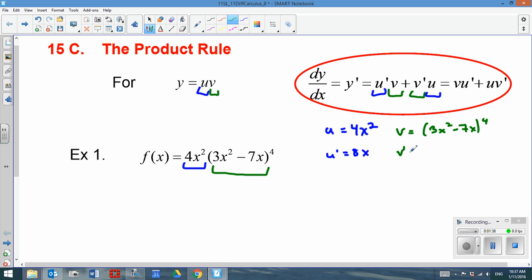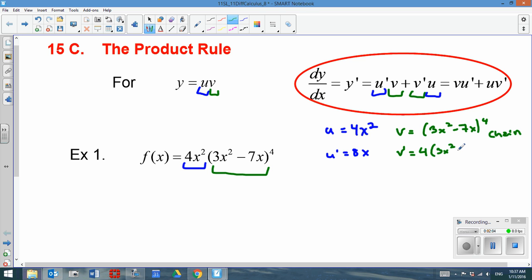And then v dashed. Notice, in order for us to take the derivative of v, I'm going to have to use the chain rule. So we might have to use rules within other rules now that we know how to take the derivative of different types of functions. So for this one, my chain rule tells me that I have inside function 3x squared minus 7x, all raised to the fourth power. So the 4 will come down, multiplied by my coefficient.